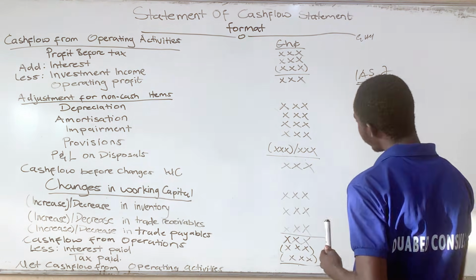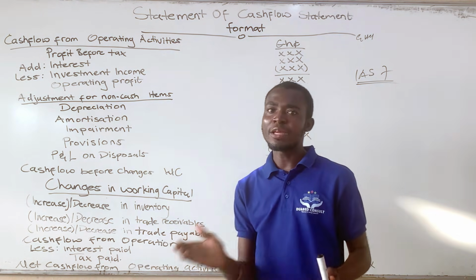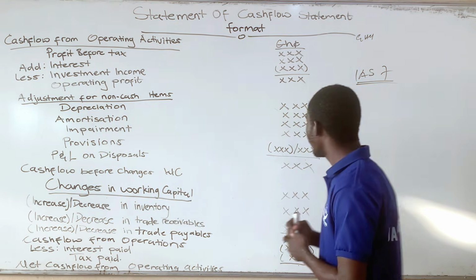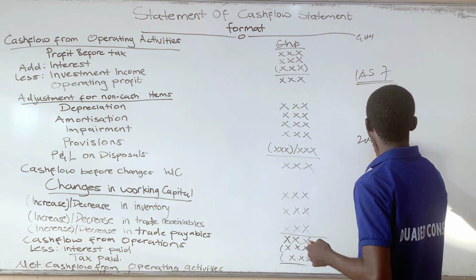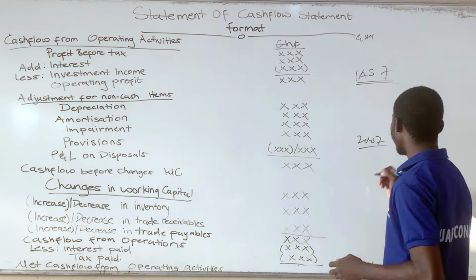So in the balance sheet, we'll be given accumulated depreciation for the previous year and accumulated depreciation for the new year. So let's use 2007 and then 2008 as an example.